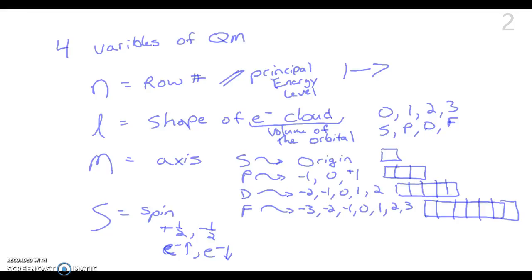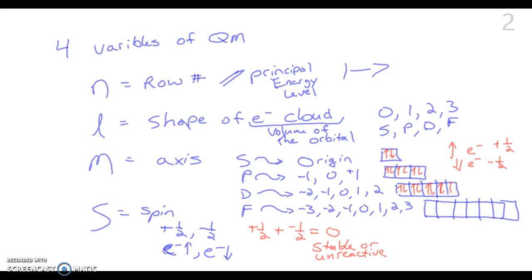Well, that tells us that in each of these locations I can fit 2 electrons, because when I add a +1/2 plus a -1/2, that equals 0, and that means that it's stable or unreactive. So each of these boxes, each of these locations, can fit up to 2 electrons. Every time I draw an arrow up, I'm showing that the spin is going up, or +1/2, and vice versa. So we have 2 of these arrows on each one of these.